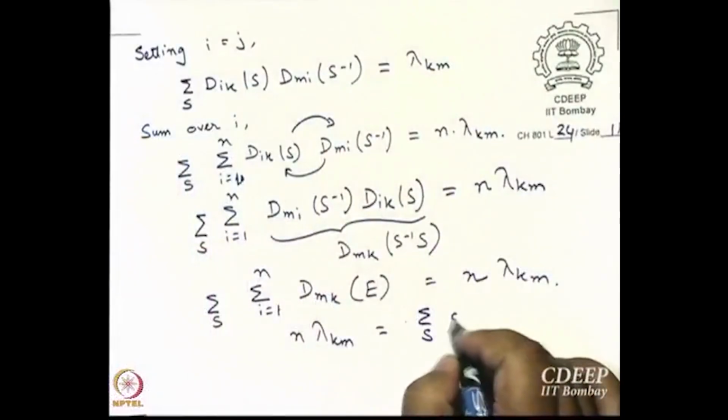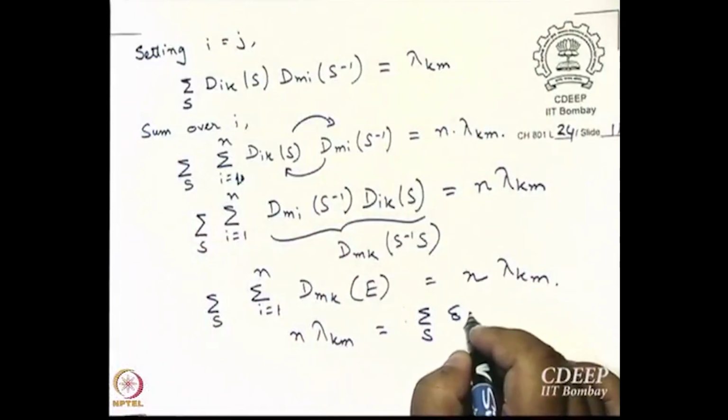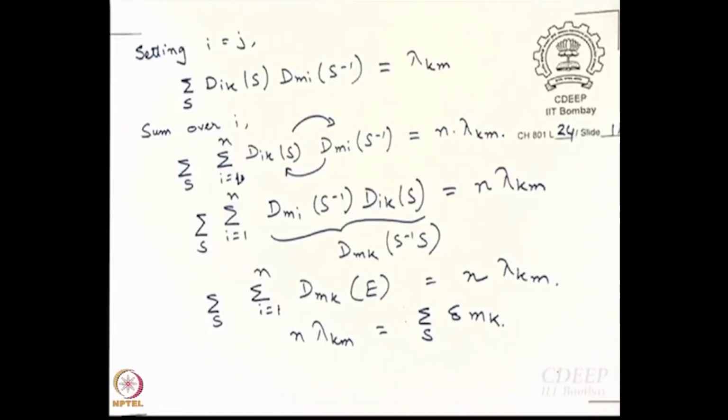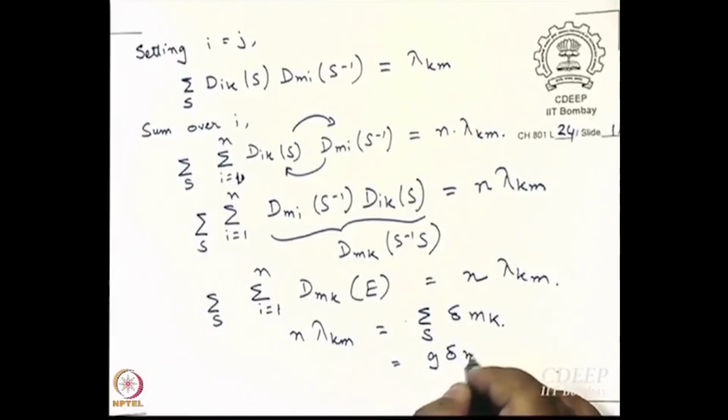So what I can write is n lambda km is equal to sum over S delta mk, and that is equal to g delta mk. You are summing over S, right.